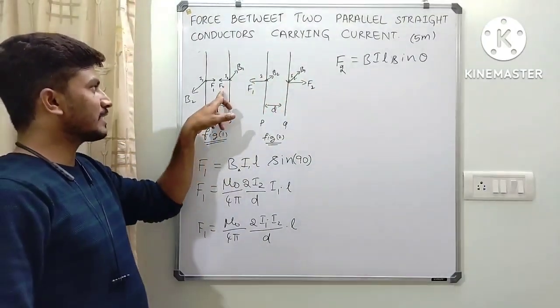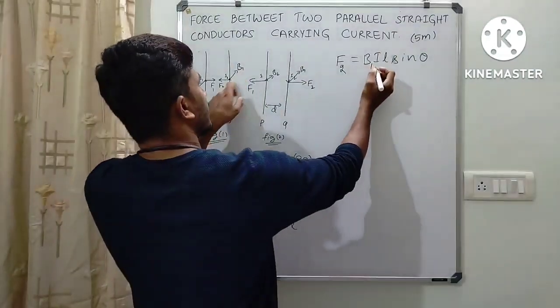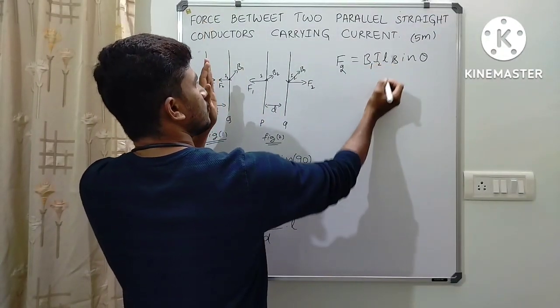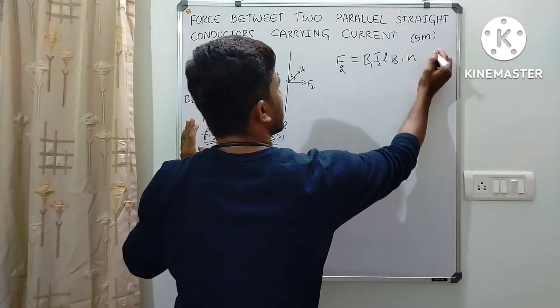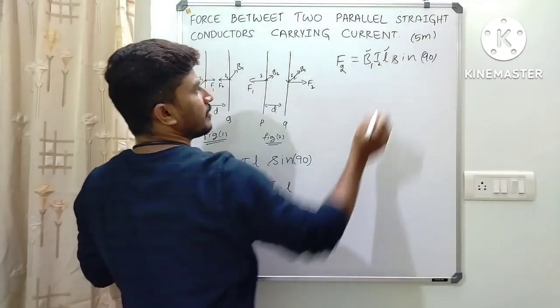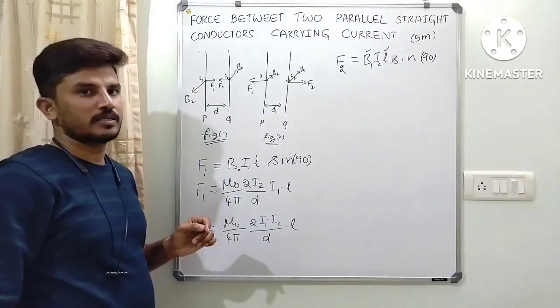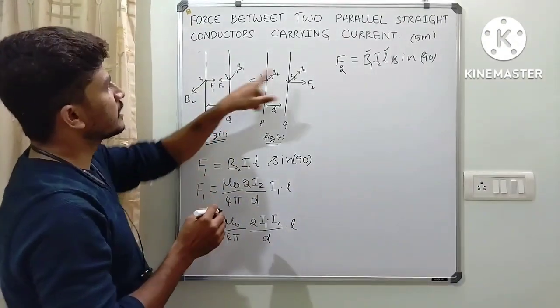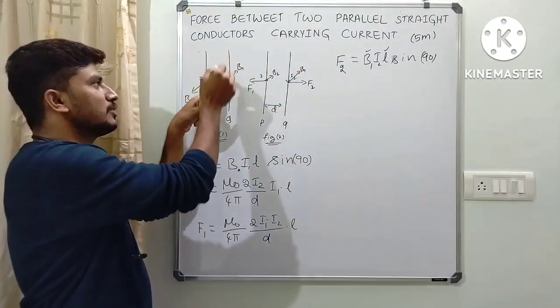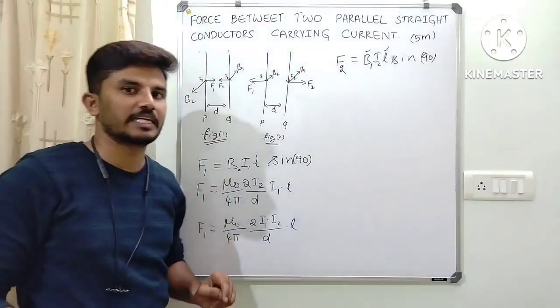So the force on the second conductor is due to the magnetic field of the first conductor, and the current flowing through the second conductor is I2, L sin 90 again. Theta is the angle between B and L. Here B1 is inwards and the length of the conductor is like this. So the angle between those two is 90 degrees again.